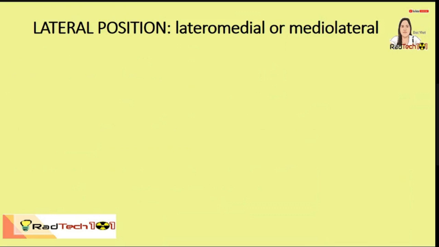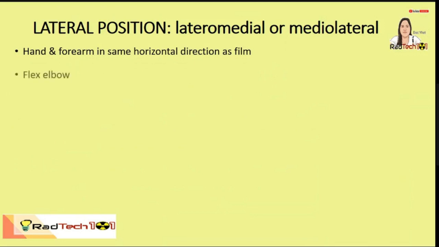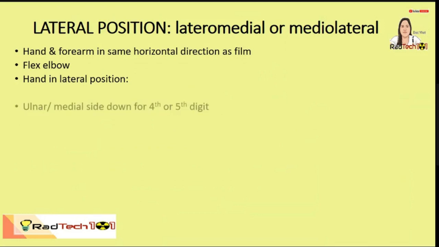So, next is the lateral position or the lateromedial or mediolateral position. So, hand and forearm in the same horizontal direction as film. So, basta i-make sure lang natin na komportable yung patient or the patient can tolerate the position. So, hand must be in lateral position.